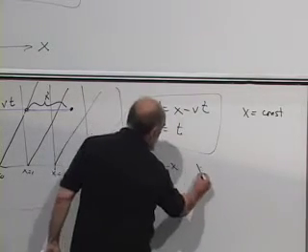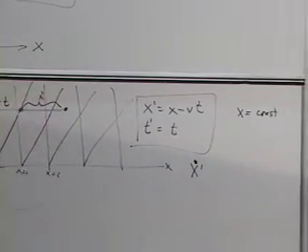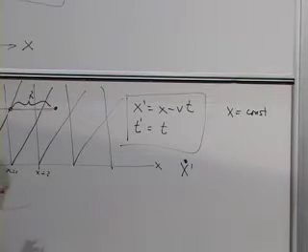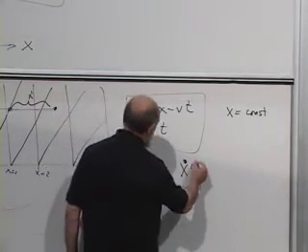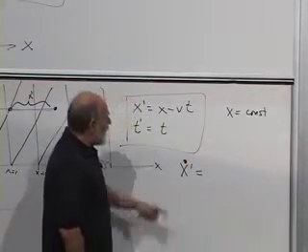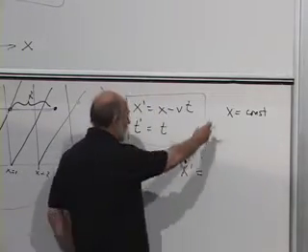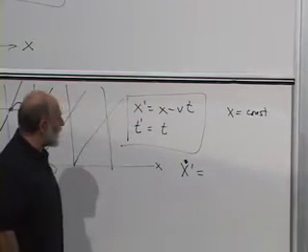It says that x prime dot, I'm using dot to indicate time derivative. Standard notation, we've used it before. A dot indicates a derivative with respect to time. That's equal to x dot. But if x is constant, if it's standing still in my frame of reference, that's 0. What's the derivative of minus vt with respect to t?